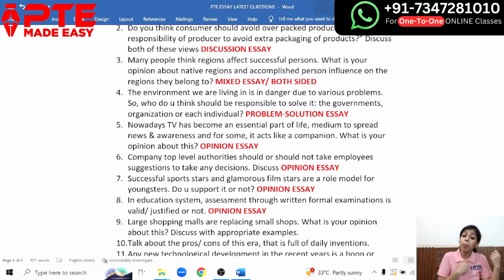A role model can be a particular writer or author, or maybe a person who is into good deeds too, or a philanthropist as well. So what do you think? Do you support it or not? That is clearly your opinion. I do not support it because they are totally getting inclined towards Western culture, Westernization.